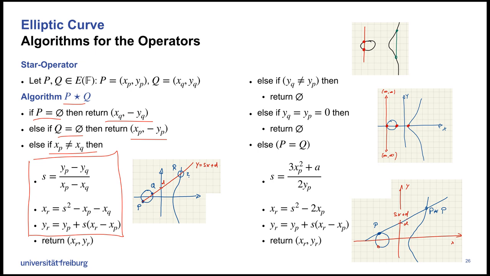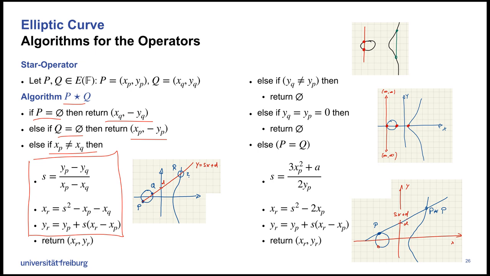Now the funny thing about this formula is that you see the input, you see the output, but you don't see any parameter of the elliptic curve. So it's not using the elliptic curve parameters here, which is nice.